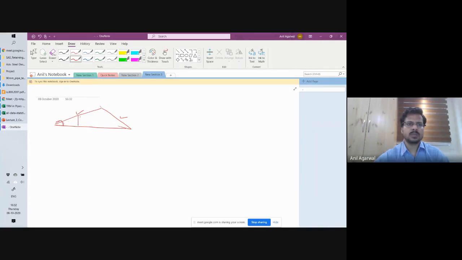Likewise, if the truss looks somewhat like this, then you would have a gusset plate here, a gusset plate here, and so on. So in such a case, let's look at this corner. You have a gusset plate, and this member will be here.